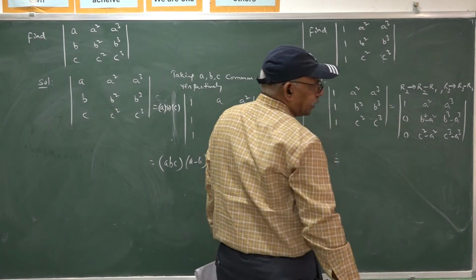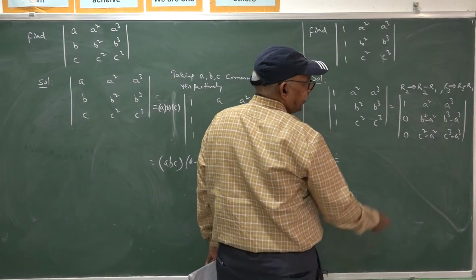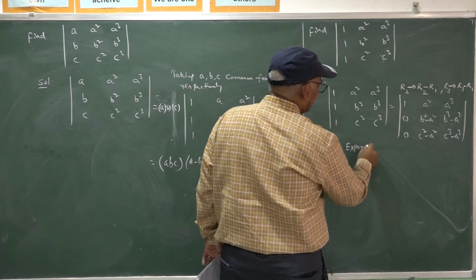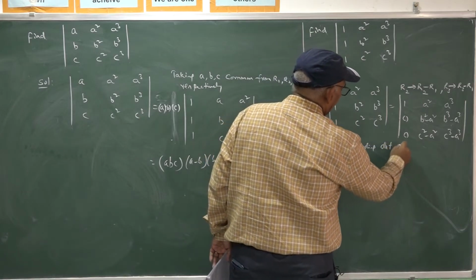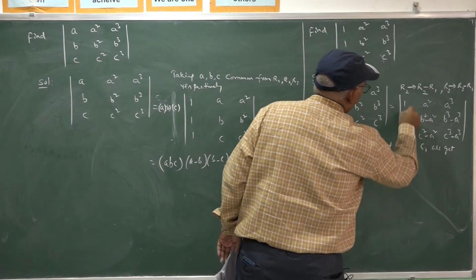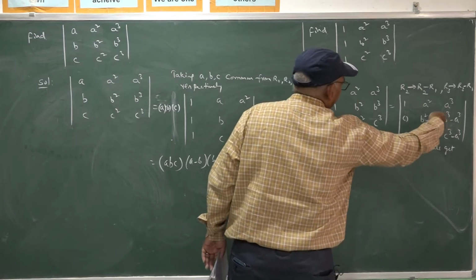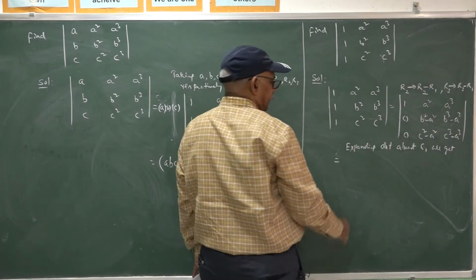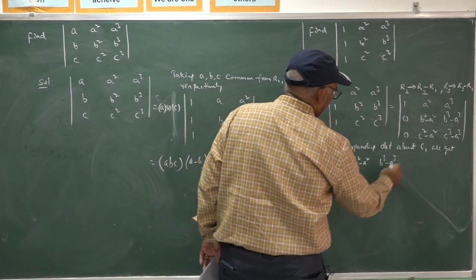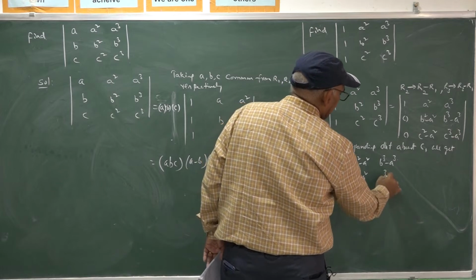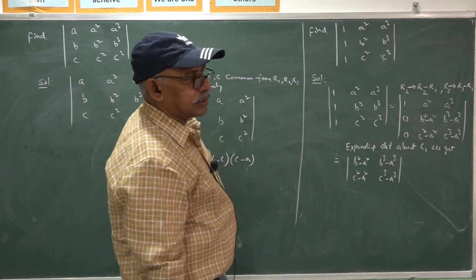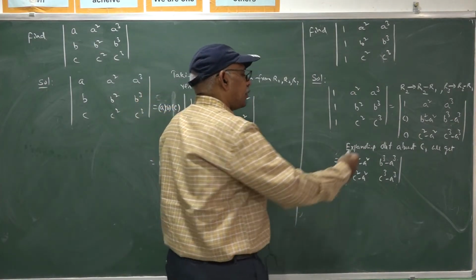Hence expanding the determinant about the first column, C1, we get 1 into, eliminating that row and column, the remaining determinant of the submatrix, that is B square minus A square, B cube minus A cube, C square minus A square, C cube minus A cube. The remaining elements, since they are zeros, correspondingly the value is 0.